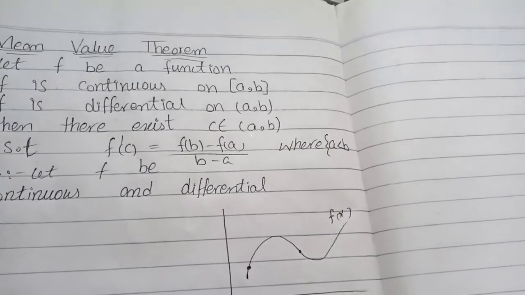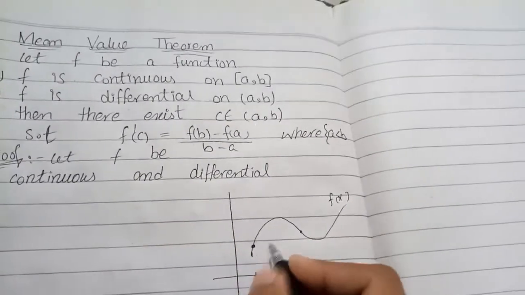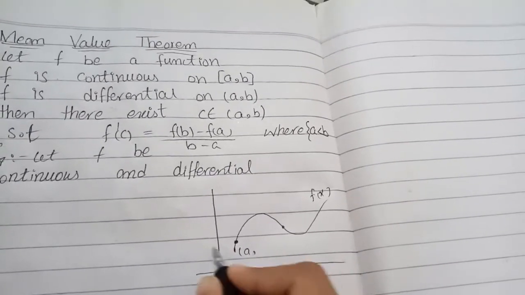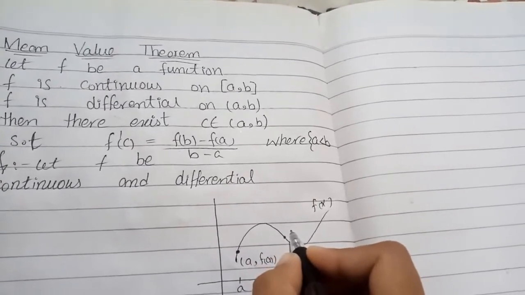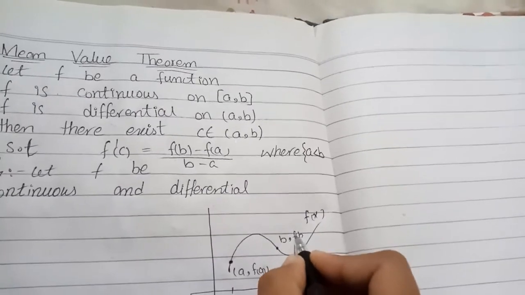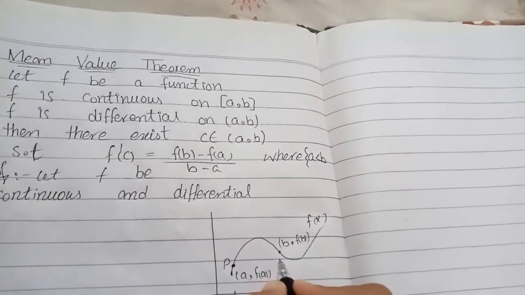On the x-axis we have a and on the y-axis f of a, and the point b with f of b on the y-axis. So we have two points, let's suppose P and Q.